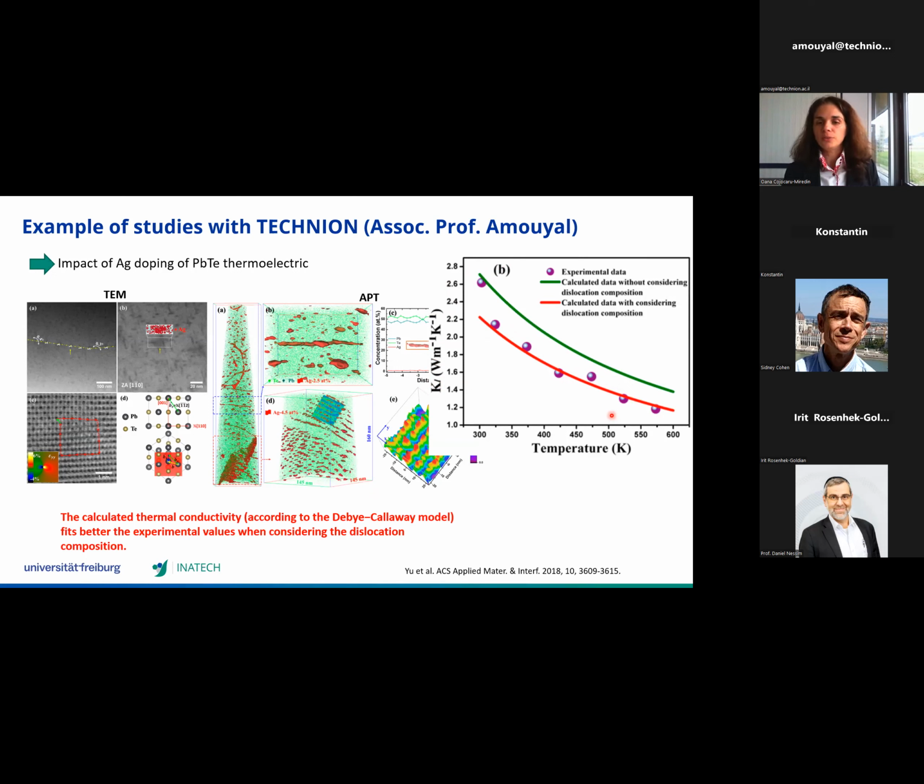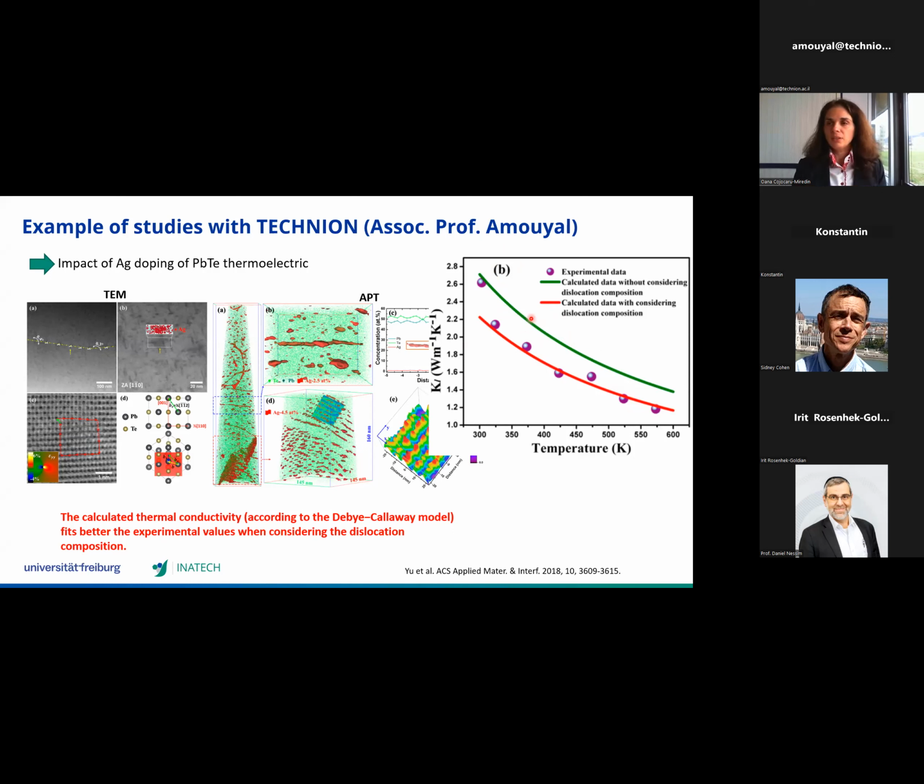We tried to fit this with the known Debye-Callaway model for thermoelectrics, and the calculated data are in green. We see clearly a deviation between the experimental data and the green line.